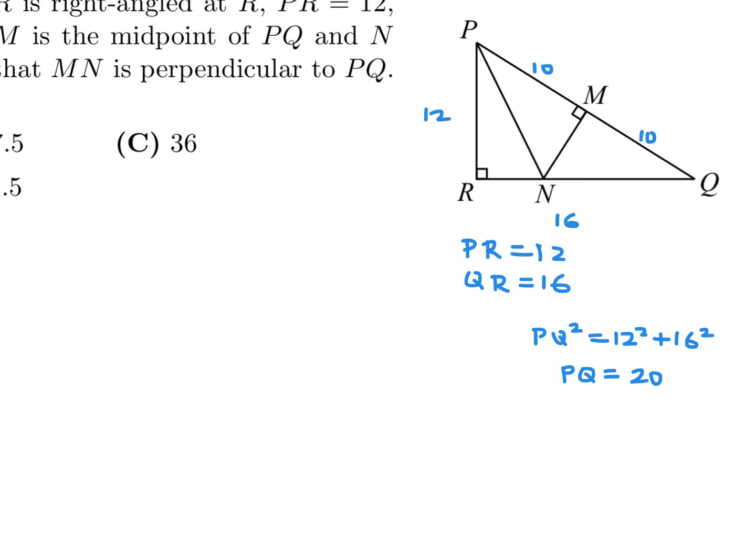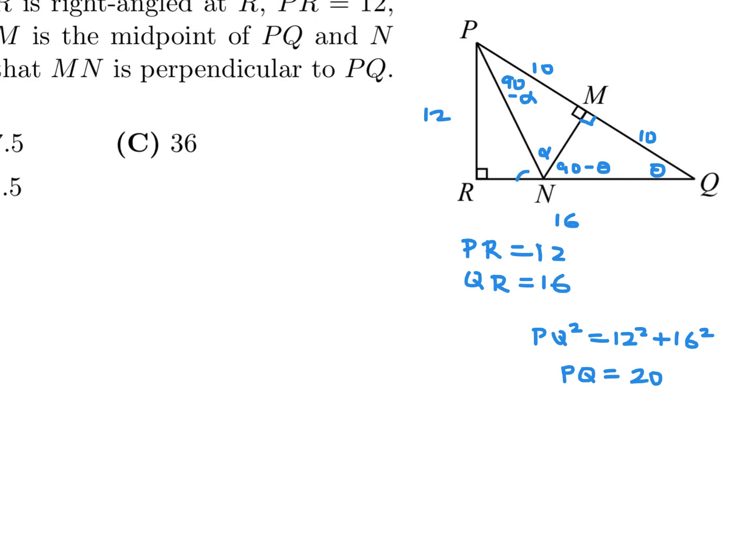I'm going to have to label some angles here. This is a right angle, so this is also a right angle. Let's just call this theta for now. That means this will be 90 minus theta. I hate to have to introduce more variables here, but this will be alpha. Therefore, this will be 90 minus alpha.